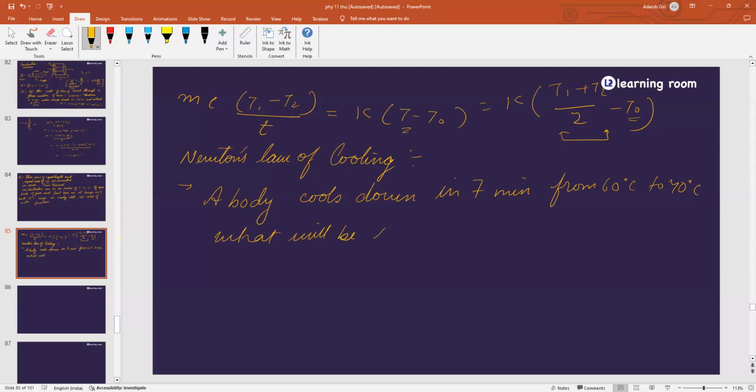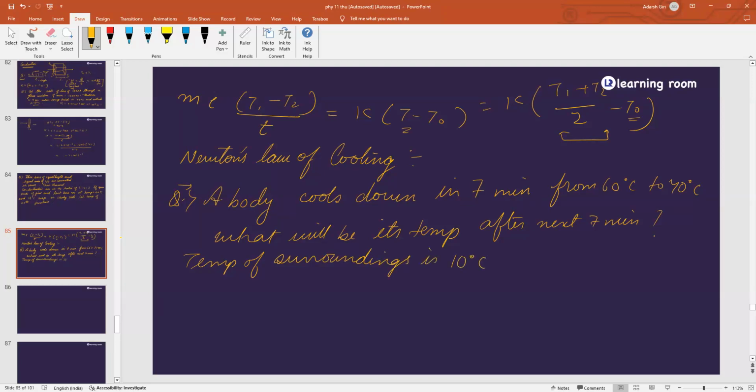What will be its temperature after the next 7 minutes? The temperature of the surroundings is 10 degrees Celsius.